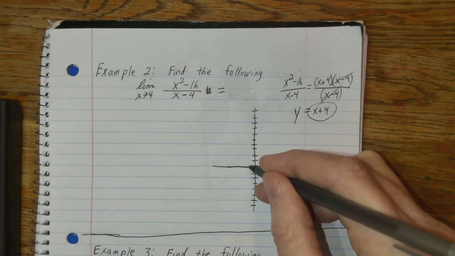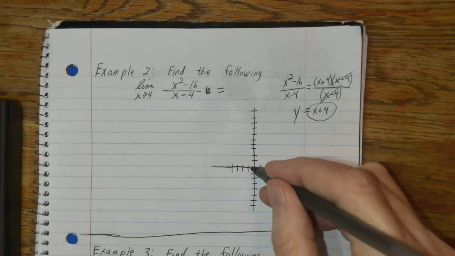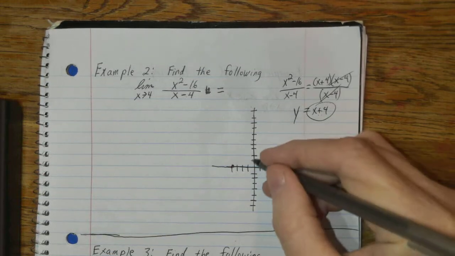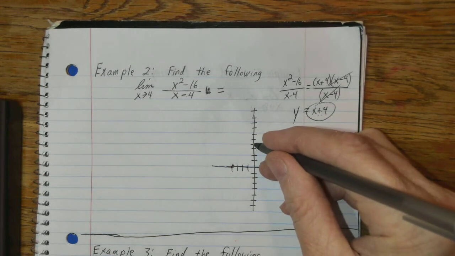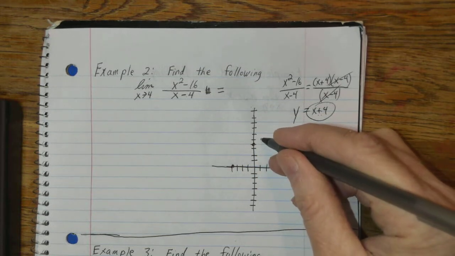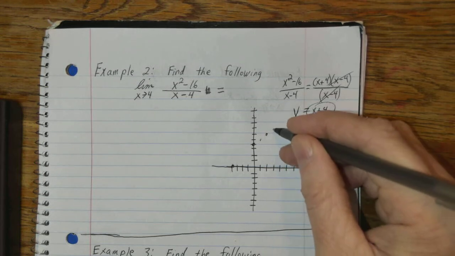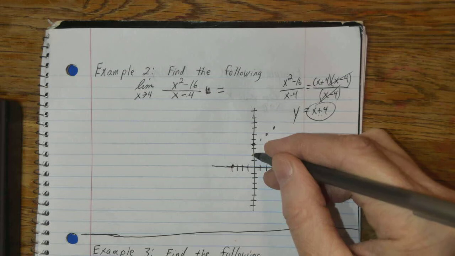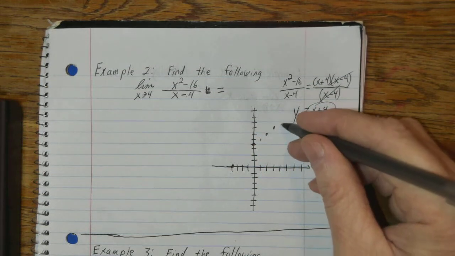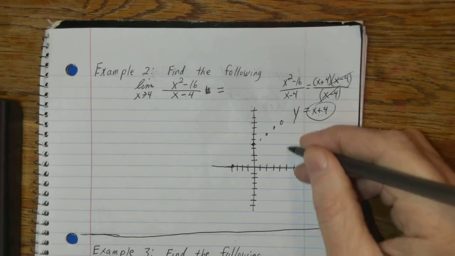I know the y-intercept is 4, and negative 4 would be where this hits the axis. 1 plus 4 is 5, 2 plus 4 is 6, 3 plus 4 is 7. 4 plus 4 is 8, but you remember, I'm going to put an open circle there. 5 plus 4 is 9.